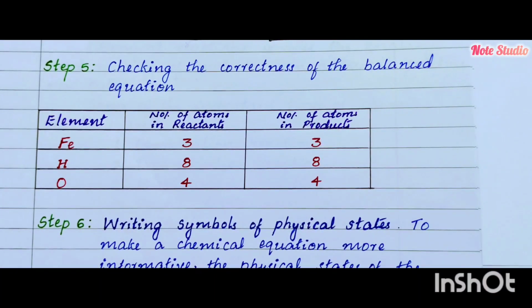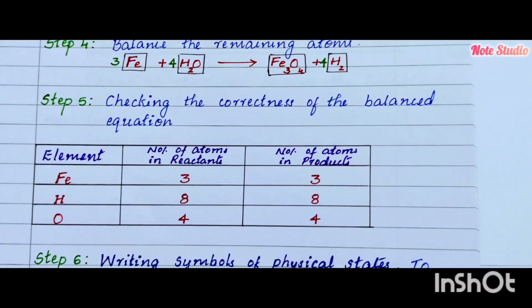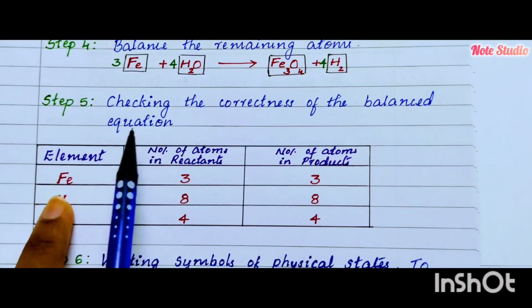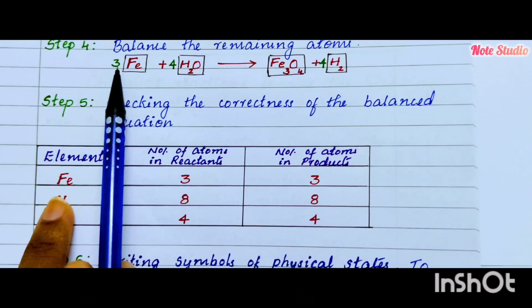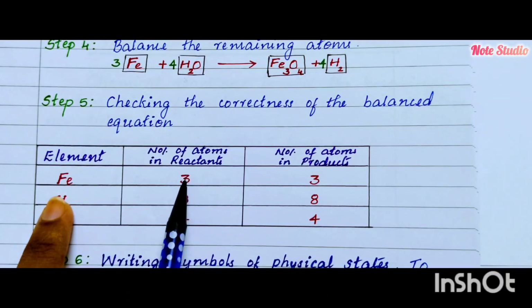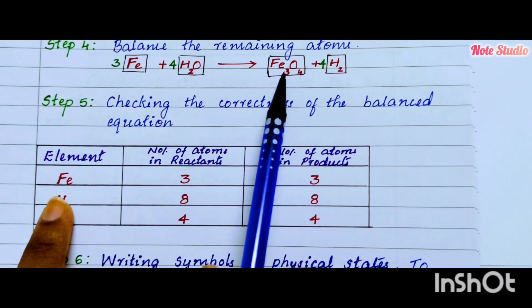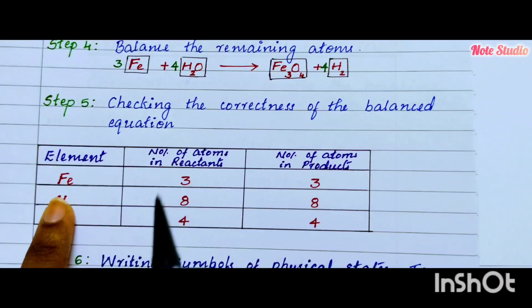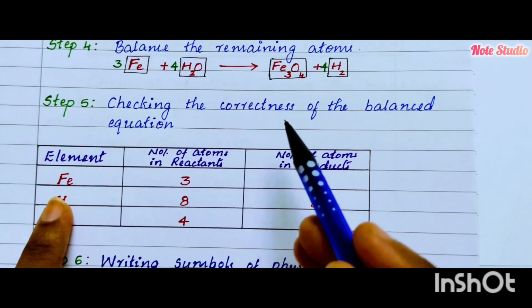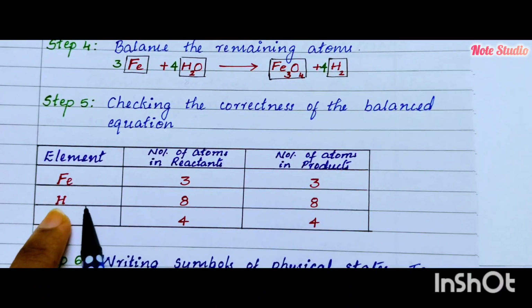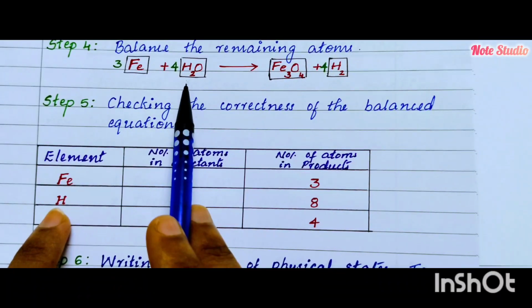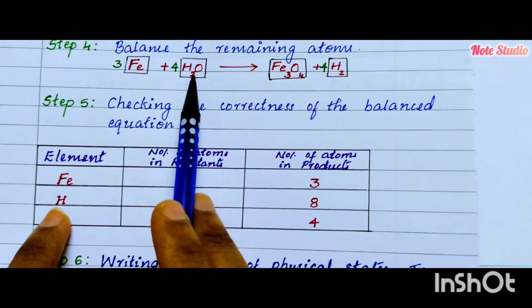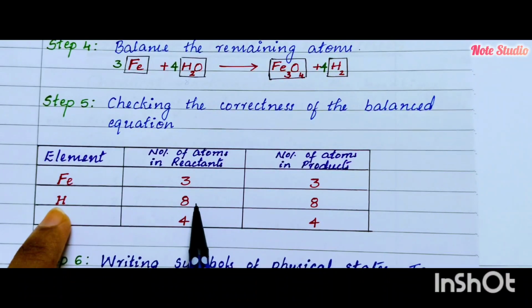Checking the correctness of the balanced equation. We'll check now. Iron in the reactant side, after balancing we have written 3. In the product side, already it is 3. Correct? Then hydrogen: reactant side 4 into 2, 8 atoms of hydrogen.